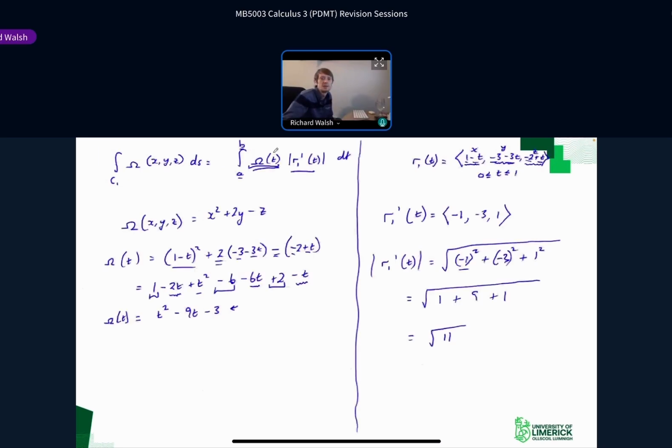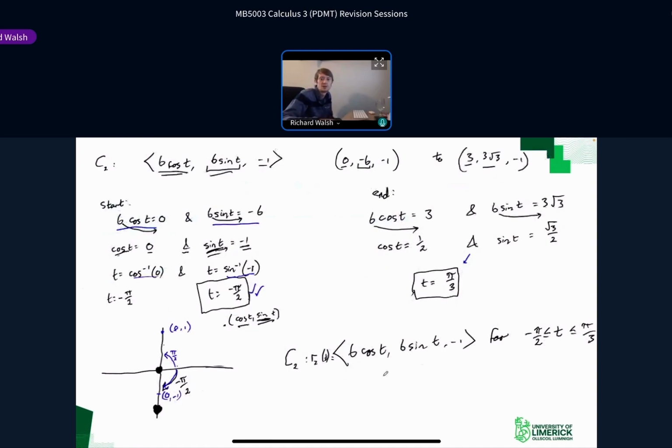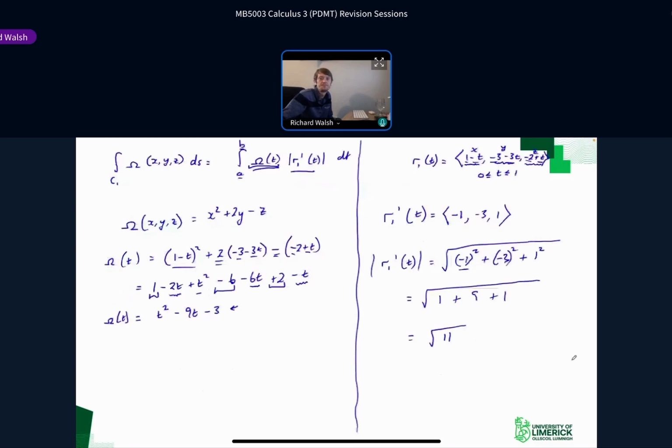So let's go back and take down what R2 was. So here was the circle parameterization, 6 cos t, 6 sin t, minus 1.